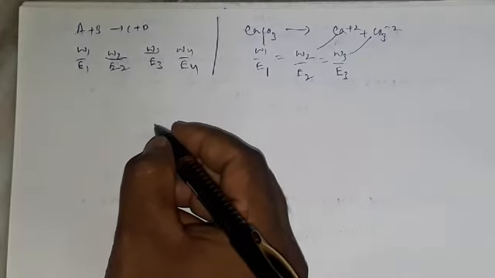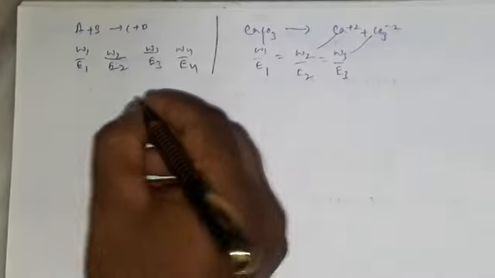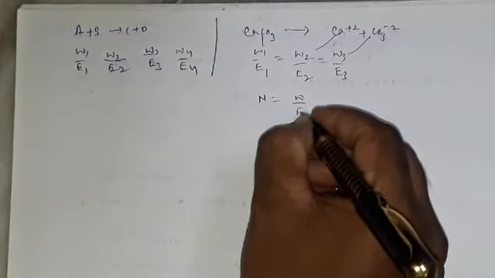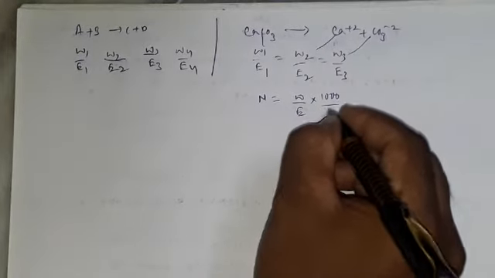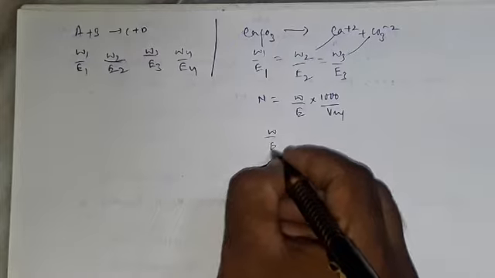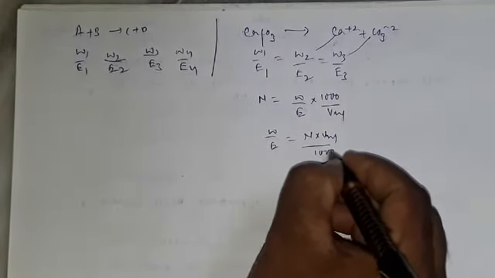Then normality equals what actually? Normality equals weight by equivalent weight into 1000 by V ml. From this, weight by equivalent weight equals normality into V ml by 1000.